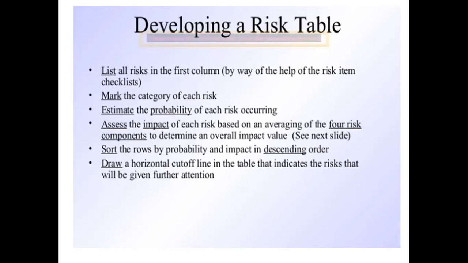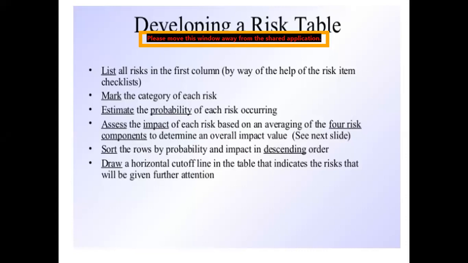So first we will complete the risk table with the help of the 5 columns. Under each column, we will mention the values, that is, list all the types of risk and then mark the category of each risk.